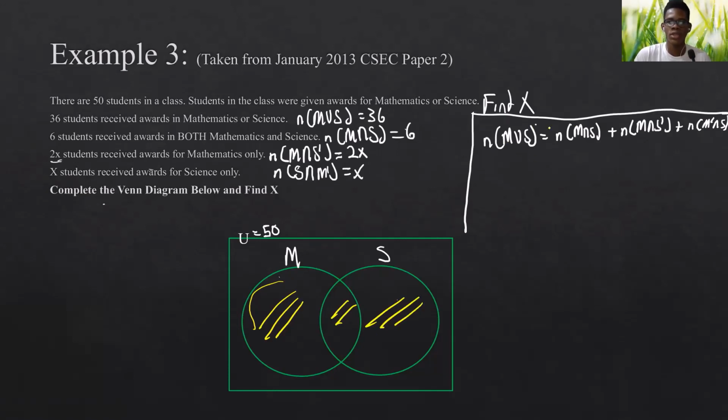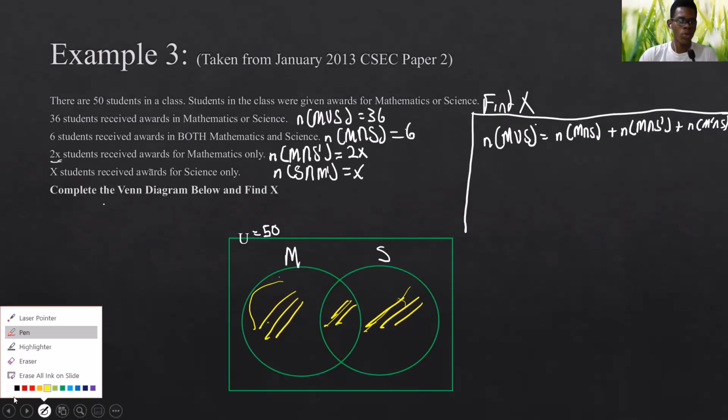So the union is equal to math only plus the intersect plus the S only. The union of M and S is equal to M only plus S only plus the intersect.